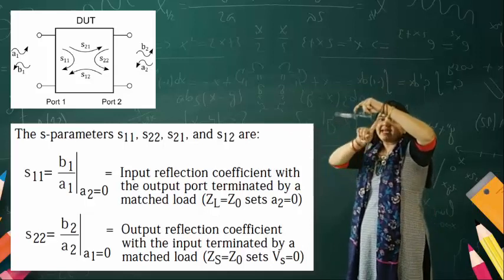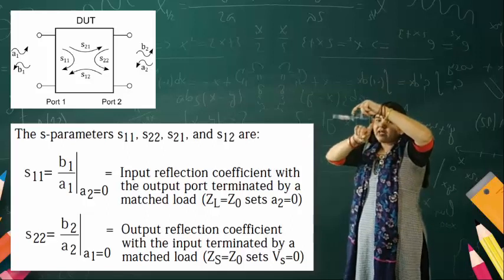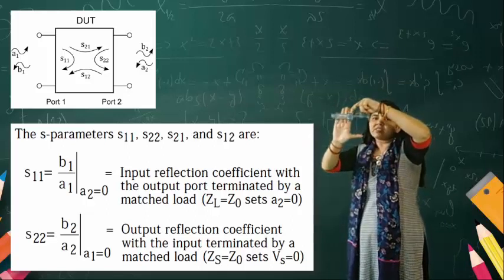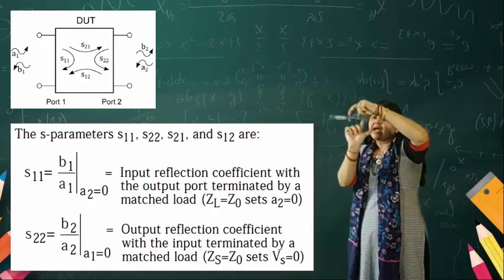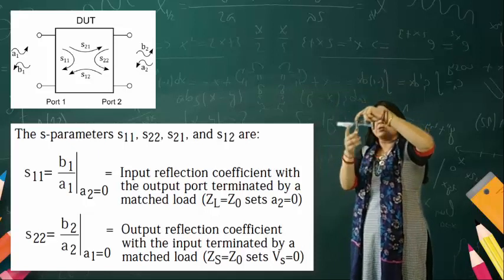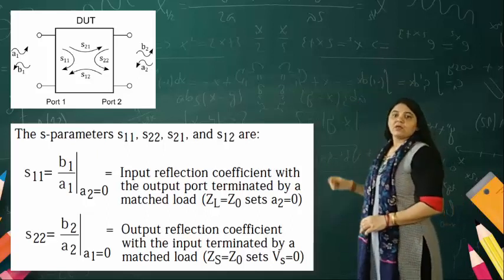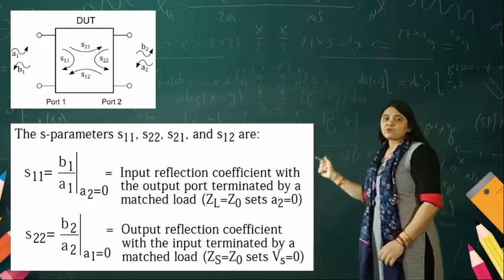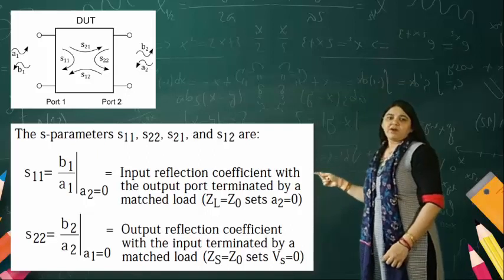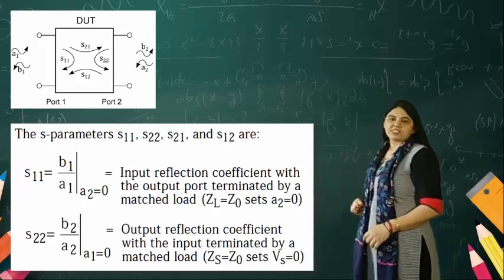While you are applying the input from A1, making A2 equal to 0, what could be the output at B1? That is my reflected wave. So I can say that S11 is equal to B1 upon A1 while A2 is 0.